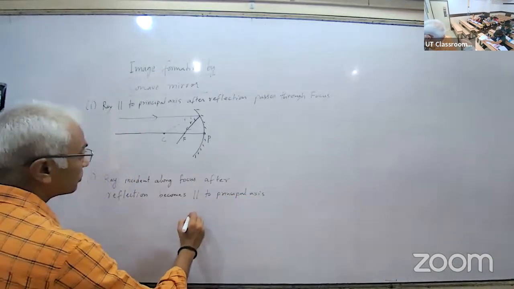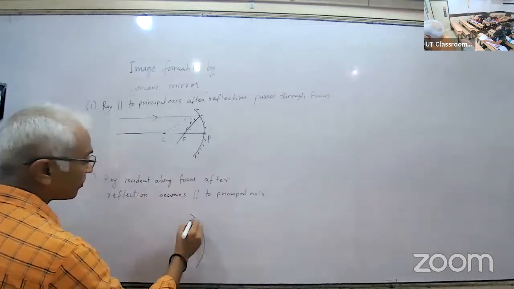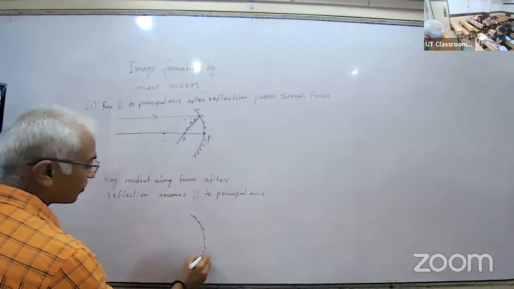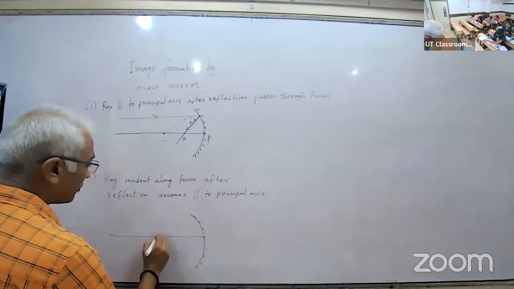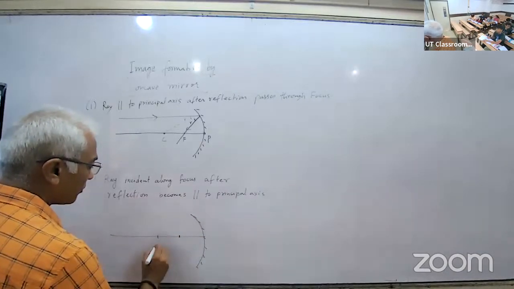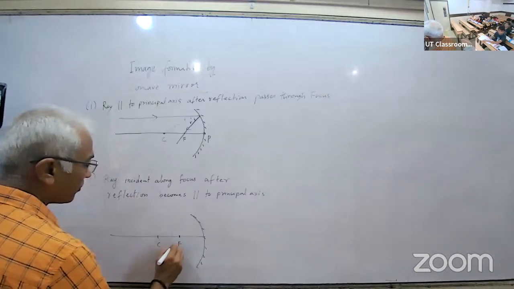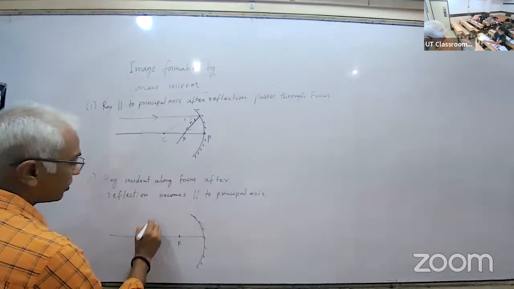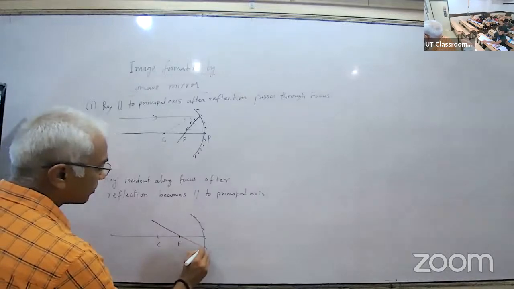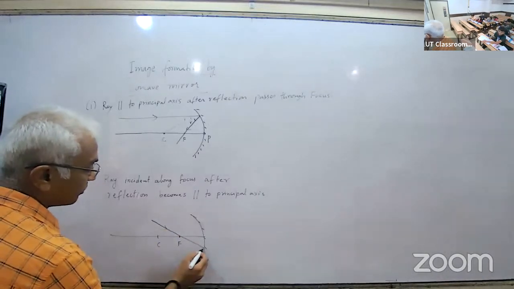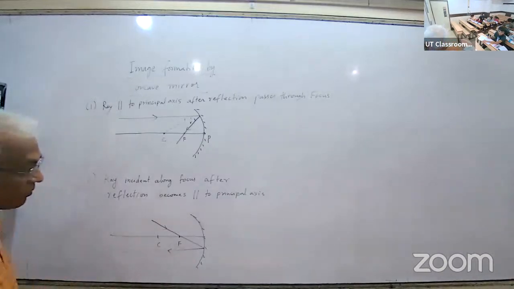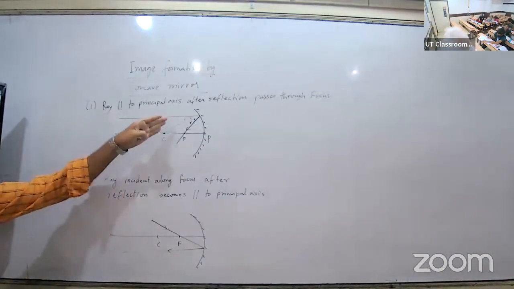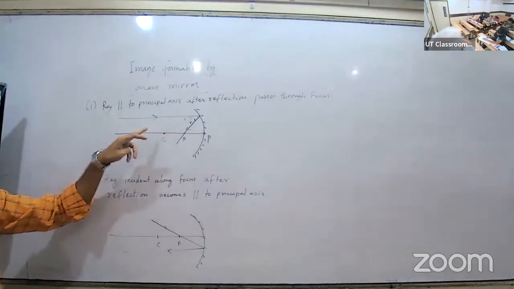So what is the diagram now? Let us say you have a ray passing through focus. After reflection, it will be parallel to principal axis. So now, initially when I am telling you, I am drawing the normal everywhere.